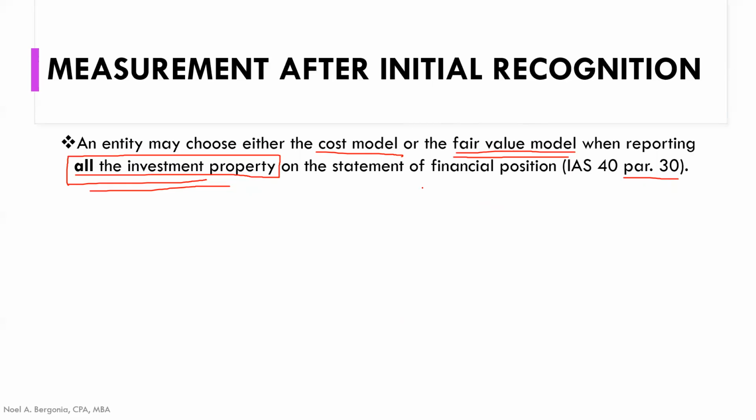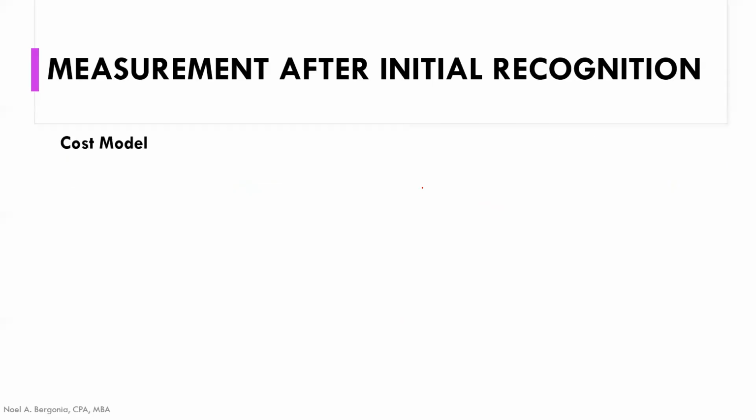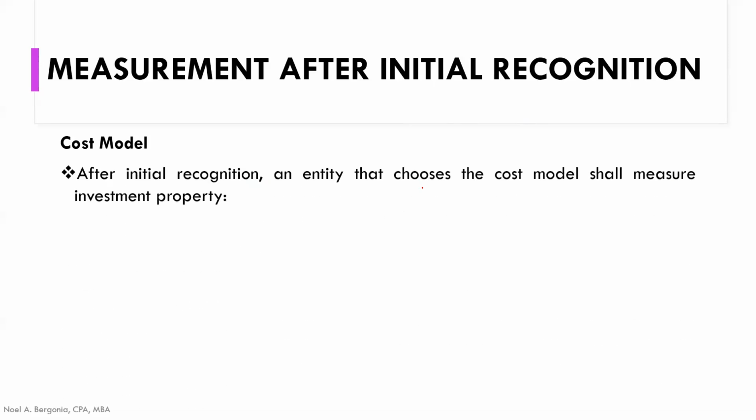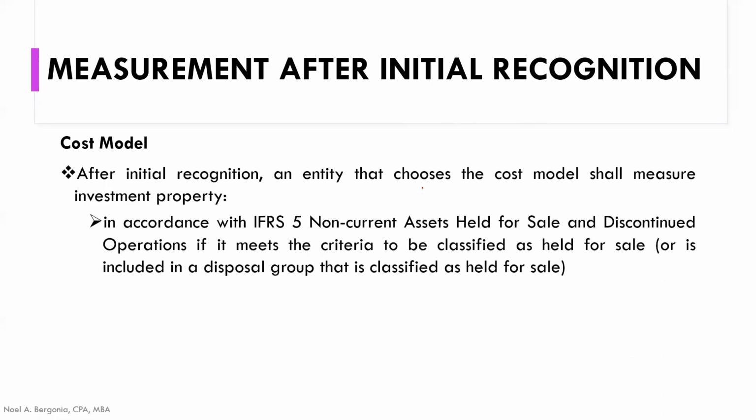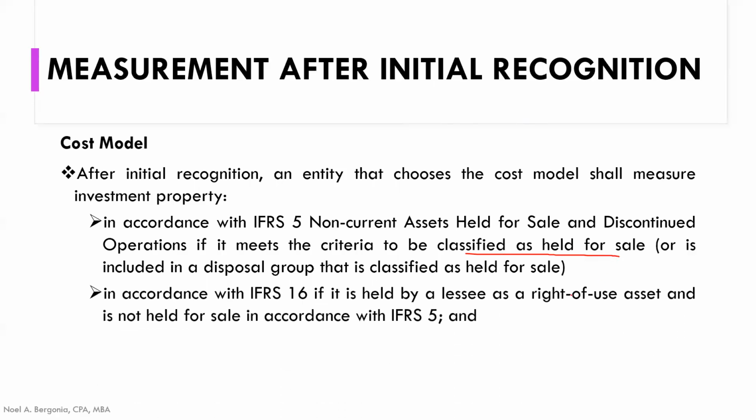So ngayon po, isa-isahin ulit natin how to account for cost model and revaluation model. Okay, so pag sinabi nating cost model, it's typically recognizing our investment property in accordance with IFRS number 5, which will be discussed in a separate video lecture, if it meets the criteria for becoming held for sale, o kaya naman po in accordance with IFRS 16.